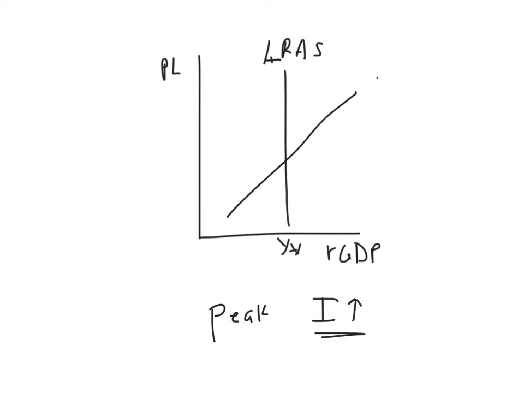We have our LRAS curve as always, indicating our potential economy. This time our short run equilibrium is going to be to the right of Y star, so we're producing beyond potential for a short period of time. You'll notice that the price level is pretty high, higher than what we might consider to be normal.